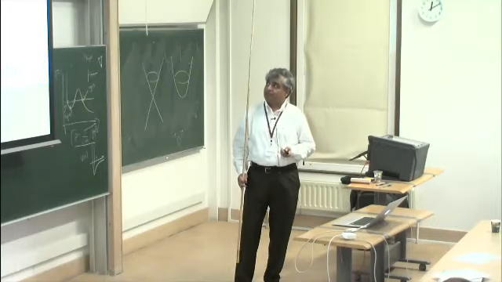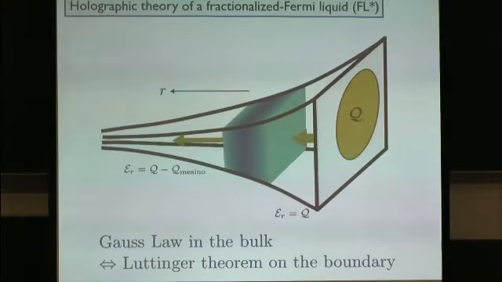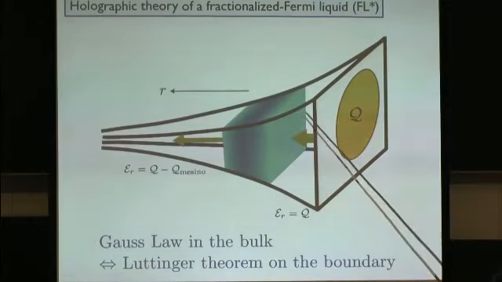But the kind of calculation that John mentioned is when you put in some boundary fermions, which in this case correspond to gauge invariant fermions, and in the electron star approximation, you get some finite fermion density in the bulk. So this state is what the FL star state is, where you've got total charge density, and part of it is eaten up by the fermions sitting in the bulk.